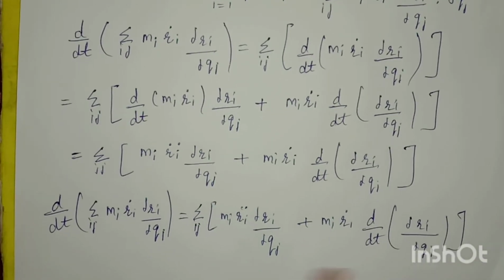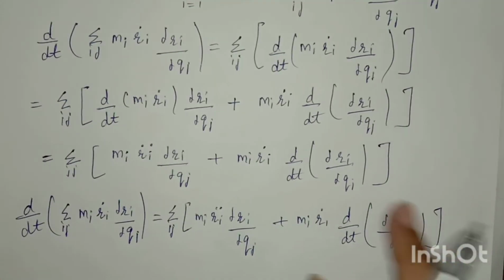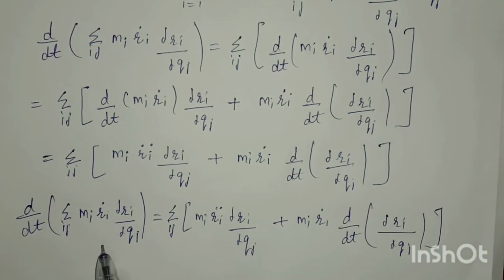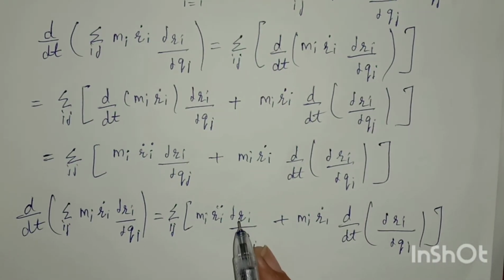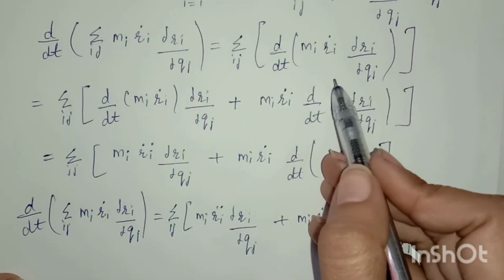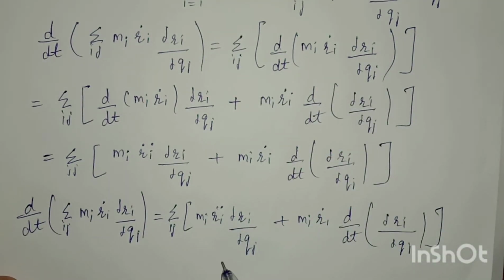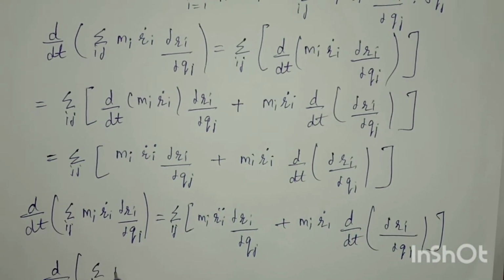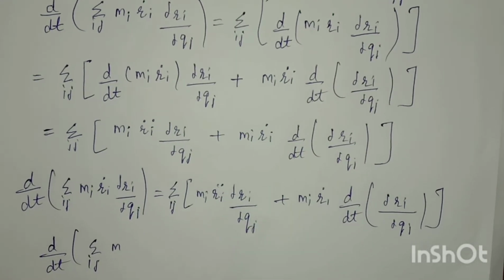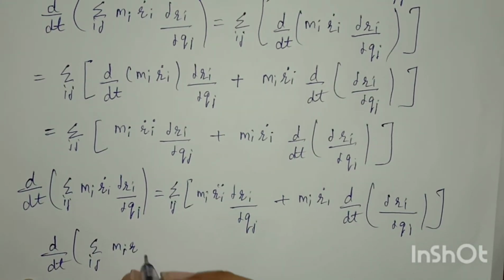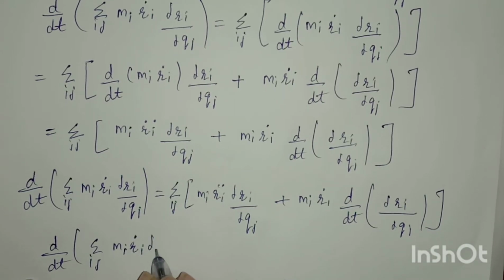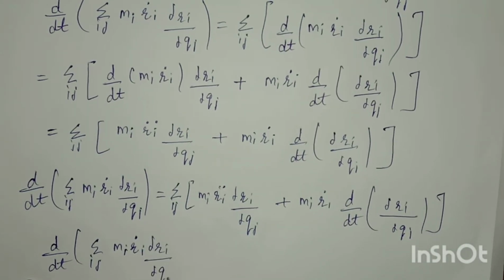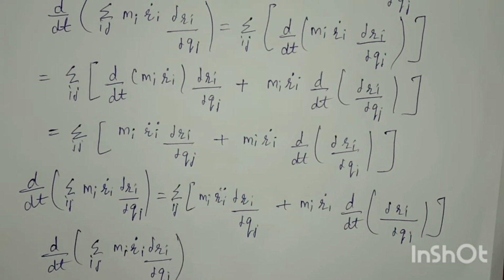So that means this whole equation is equal to this one. We have to find the value of this one. This is here, so we can subtract this equation from that. We write this equation as d upon dt summation ij mi Ri dot ∂Ri upon ∂Qj, bracket close.